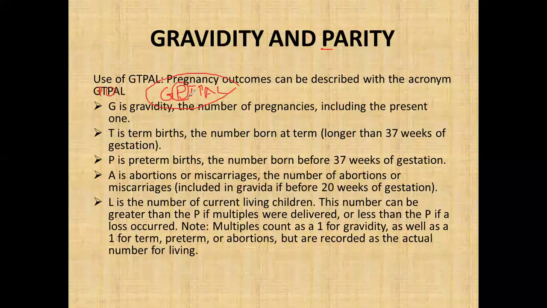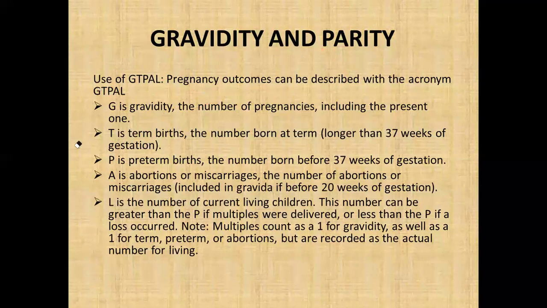But under normal circumstances, if you don't see a P there, and you have only this P between the T and the A, this P represents preterm.